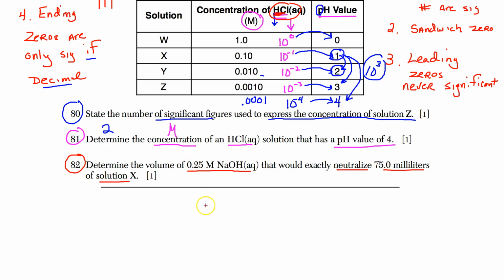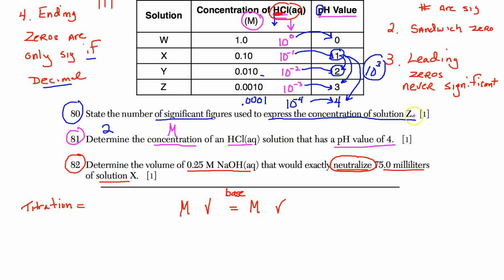So what we use in a neutralization question where I have acids and bases involved, we use the MV of the acid equals the MV of the base. And we call this type of problem where we use the information of one chemical to get information of another a titration. And in Table T, they write this as a titration formula.